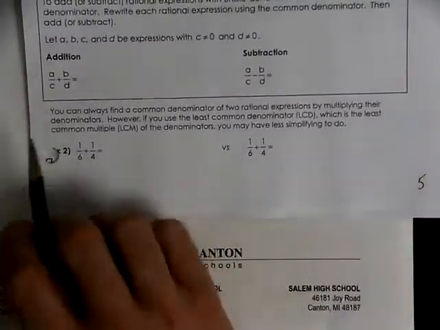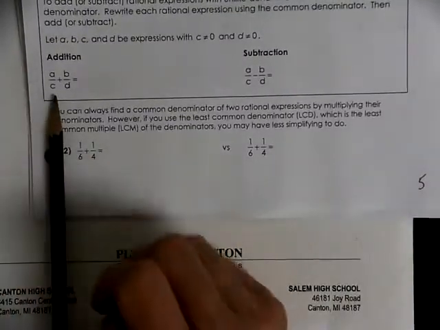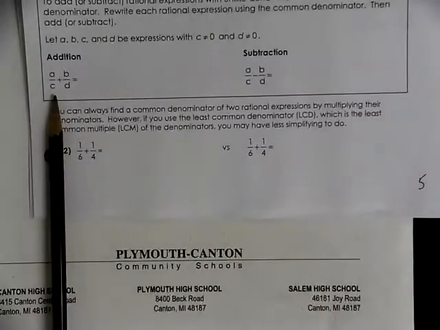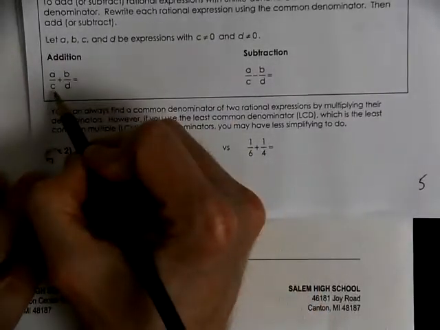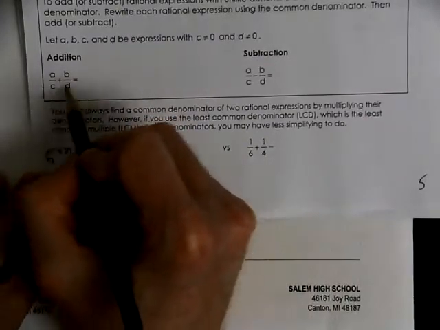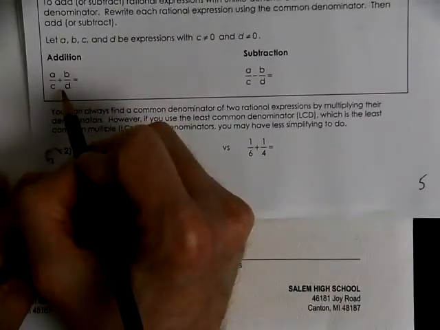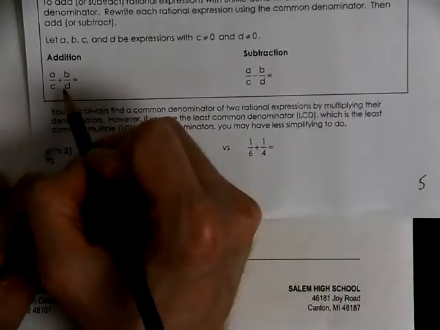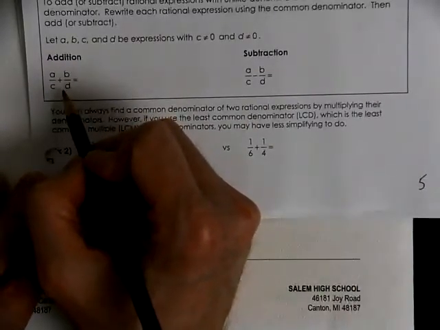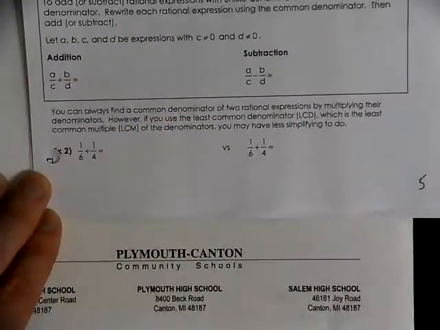So, for example, over here, our denominators are different from each other. To make them the same, they would have to be the product of each other. That's the only common denominator that we can get, a C and a D.